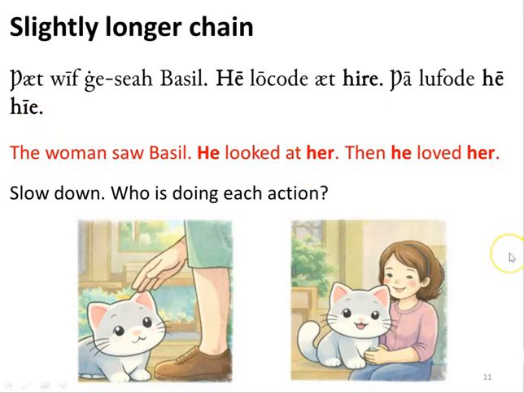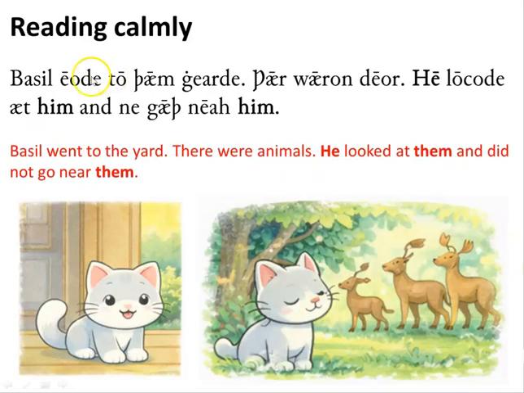All right, let's move on. All right, Basil erde tot hem eerde, tha waren deor. He looked at him, and negath nech him. All right, Basil went to the yard. There were animals. He looked at them and did not go near them, if you were to translate that.